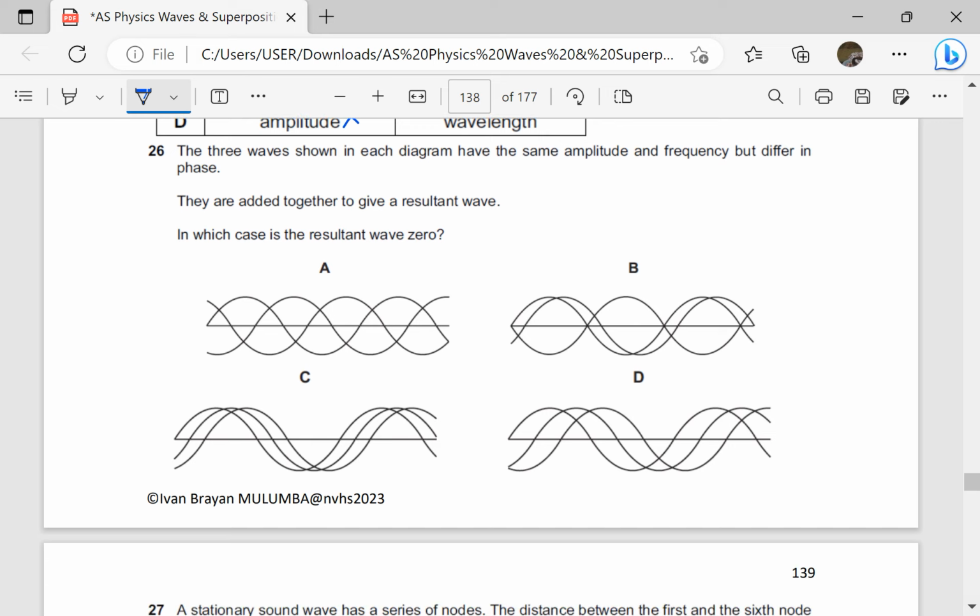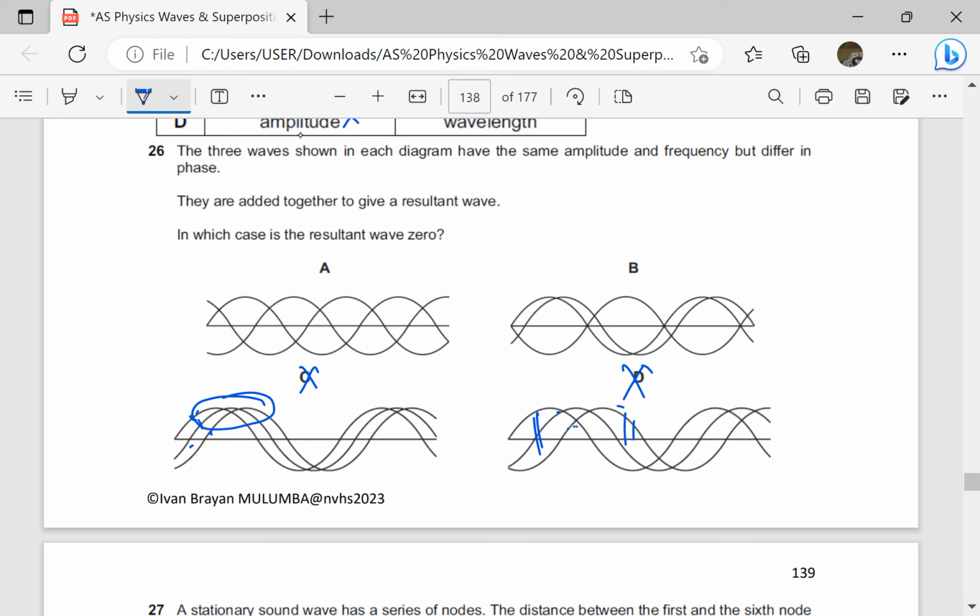So, of course, by elimination, you notice that these waves, there is no way they will add up to give total displacement 0, because the displacements are almost on the same side or above the origin. So it means there is no way they will add up to give 0. So this is out. Similarly, this one here, in the same range, you see that the displacements are above the horizontal line. So this one will not give us 0.